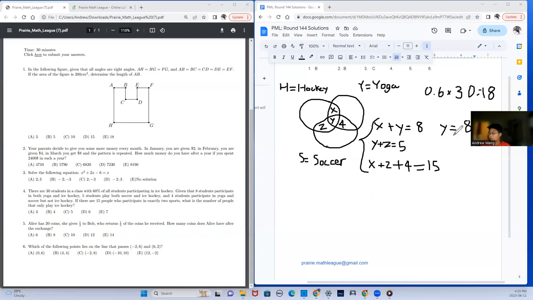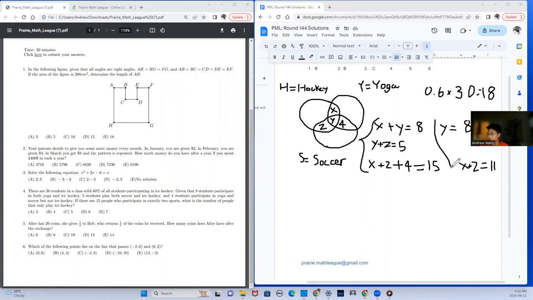And then X plus Z plus 4 equals 15 can be solved into X plus Z equals 11.